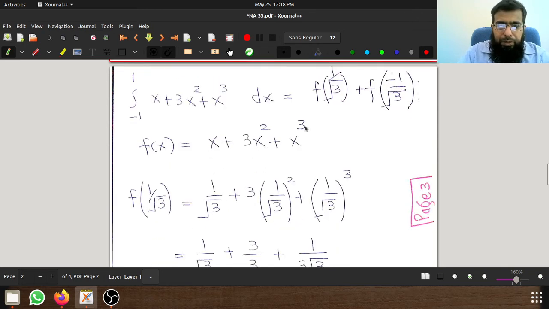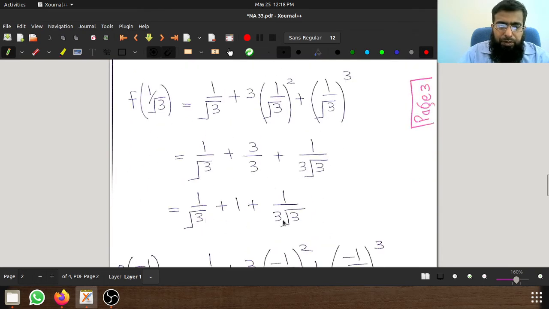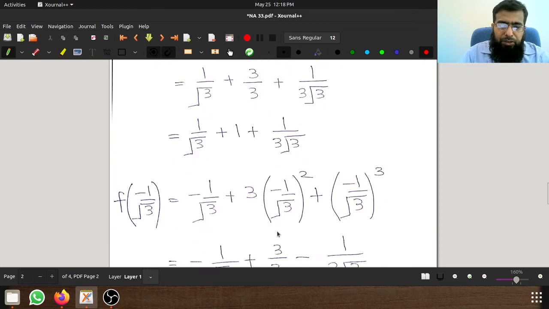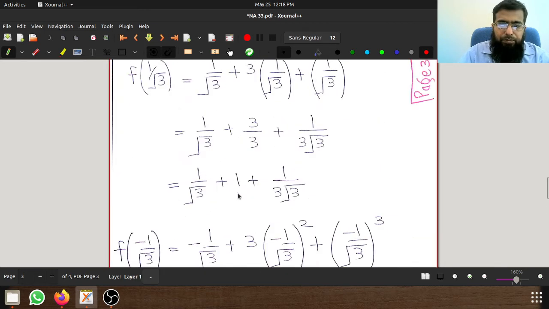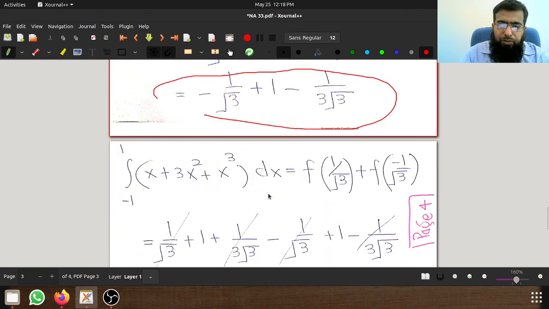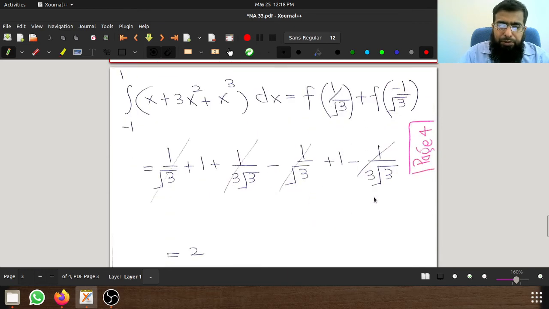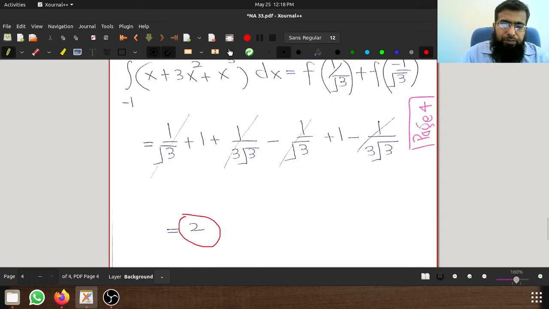And if we plug that in, f of x is this, and if we compute f of 1 over square root of 3, it comes out to be this, and if we compute f of -1 over square root of 3, it comes out to be this. So now we have computed both, and as per the formula, if we add those, we reach the same answer.